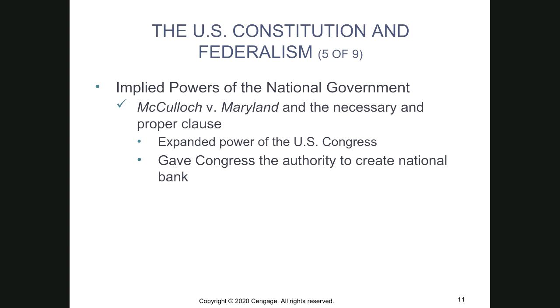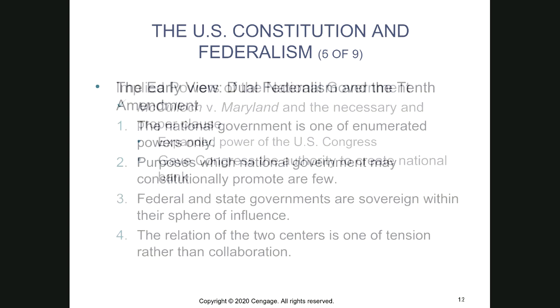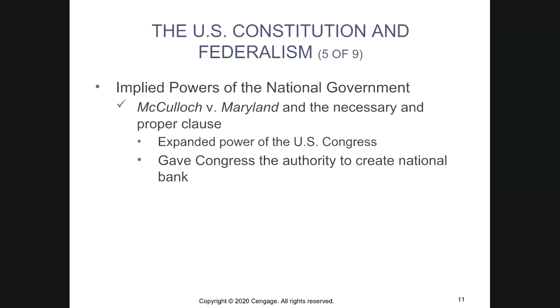Remember, the necessary and proper clause is also called the elastic clause. The reason for that is that it expands the power of the federal government. Remember, anytime we're expanding the power of the federal government, to some extent, we're shrinking the power of the state. So bear that in mind as we continue on through the chapter. Usually, in my class, we talk about a couple of other cases that are good examples of this.